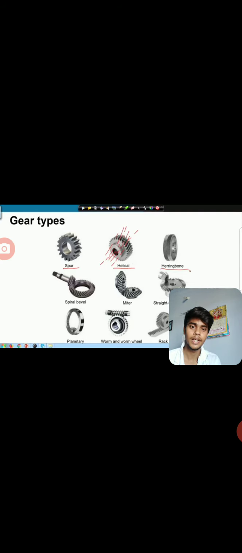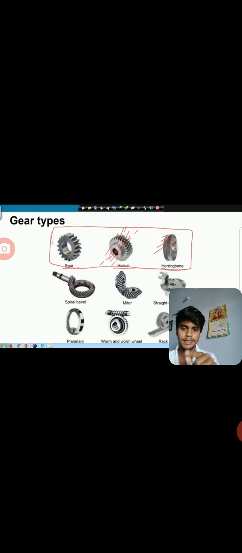And these are helical and double helical gears. These have helices, but two helical gears are put together, and this set of gears is used to connect parallel shafts.